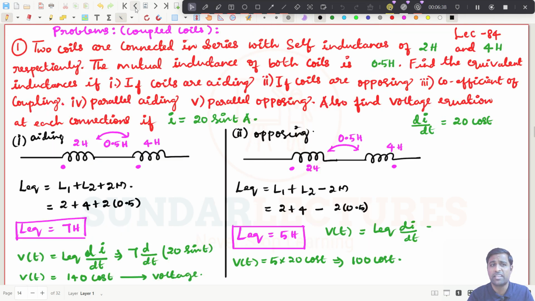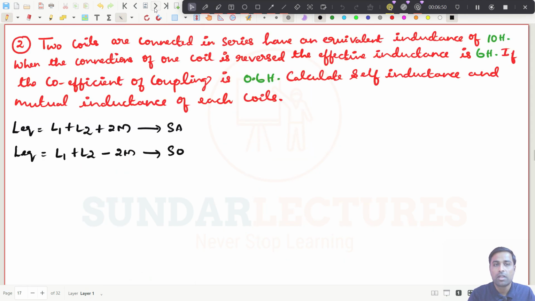Try to understand. Always, if it is aiding, the equivalent inductance will be higher than the opposing. So this 10 Henry is series aiding, and the 6 Henry is series opposing. That is what they have given you, the equivalent inductance.